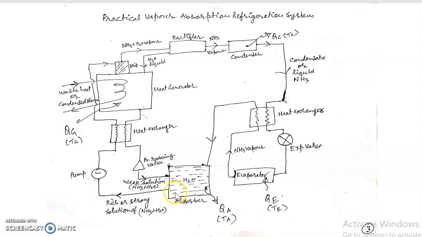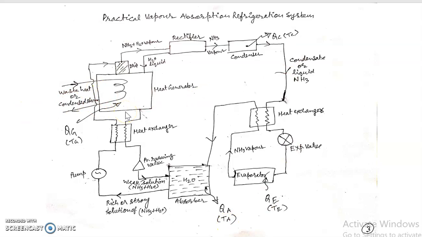And another heat is QA, the amount of heat rejected from the absorber. So this heat is QA and this heat is rejected at a temperature TA. Generally heat rejected from absorber and condenser is at surrounding temperature, so both temperatures we can say are the same.